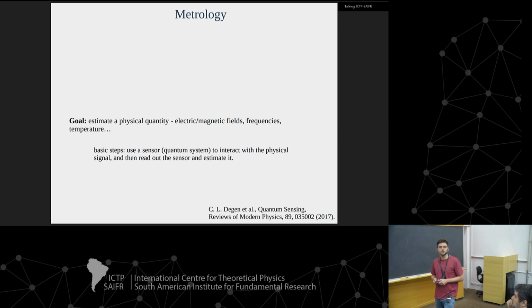How we do this: we have a sensor, a quantum or classical system, and we put it in contact with the external parameter that we want to measure. Then the sensor changes its configuration, its internal degrees of freedom, such that when we look at this change, we try to infer what the external parameter was that caused it.